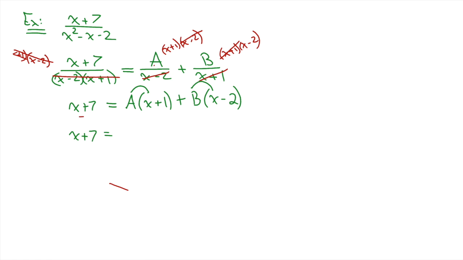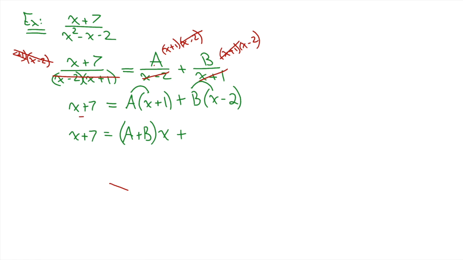So how do I write that as a single term of x? If I have ax plus bx, how do I write it as a single term of x? a plus b, times x.